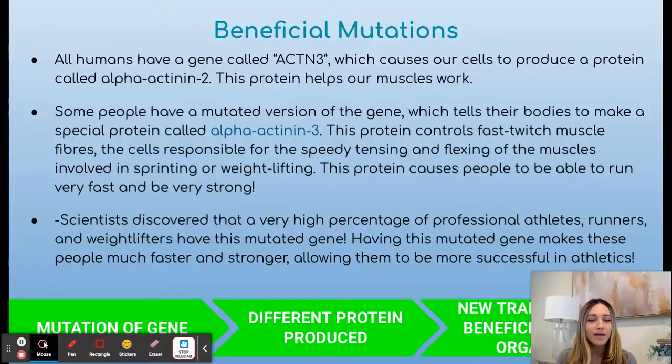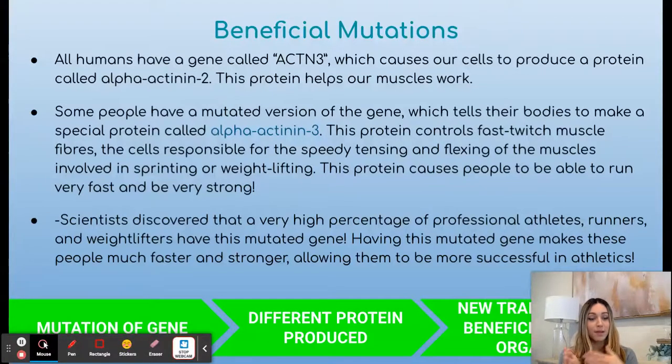Alpha-actinin 3 actually is a protein that allows for even better muscle function, meaning that people that have this protein created in their cells are stronger, faster, they're better at lifting weights, running, all of these things.